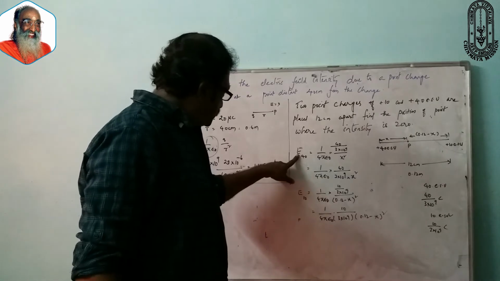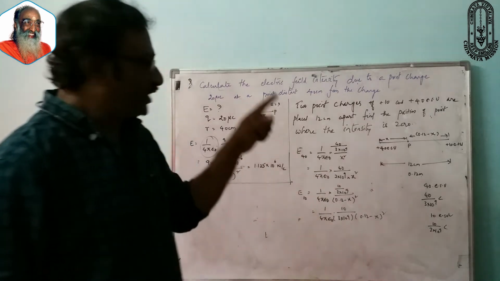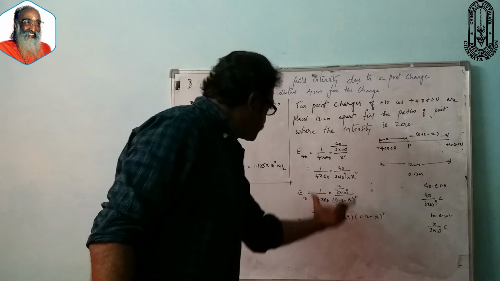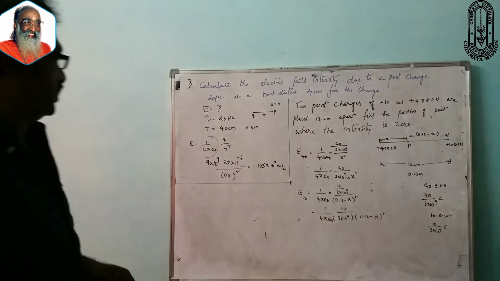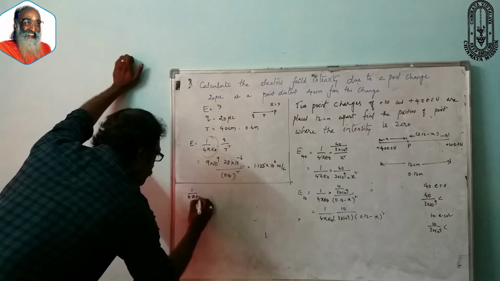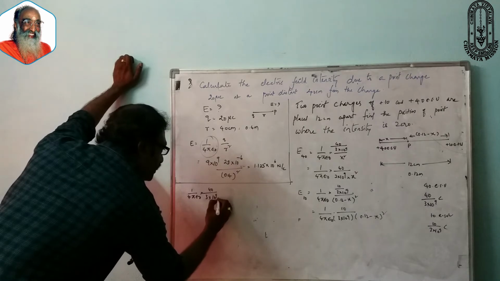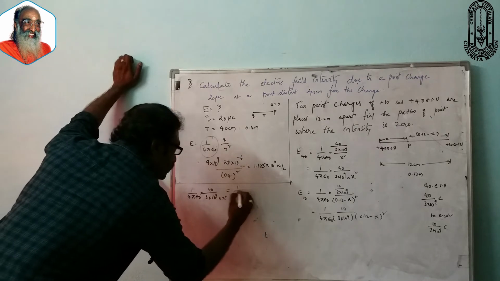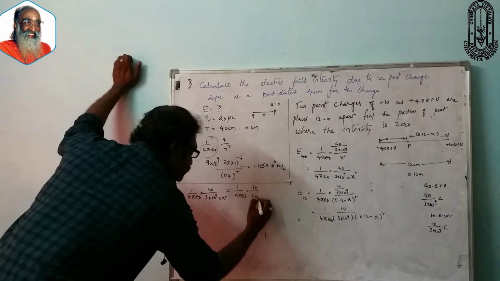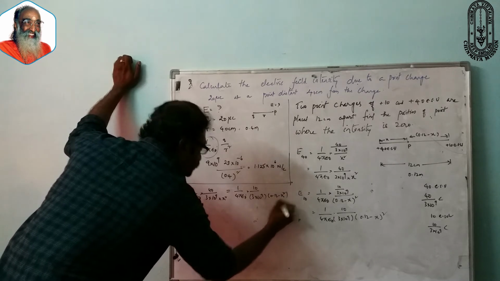Now this is the electric field intensity due to 40 and the electric field intensity due to 10. So at P their magnitudes should be the same. So now I can equalize them. Now the expression becomes 1 by 4 pi epsilon naught into 40 by 3 into 10 to the power of 9 into x square is equal to 1 by 4 pi epsilon naught into 10 by 3 into 10 to the power of 9 into (0.12 minus x) square.